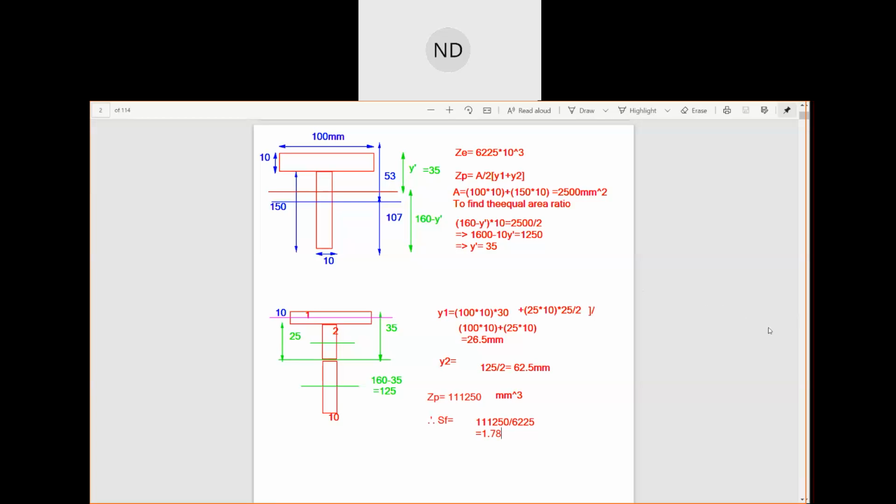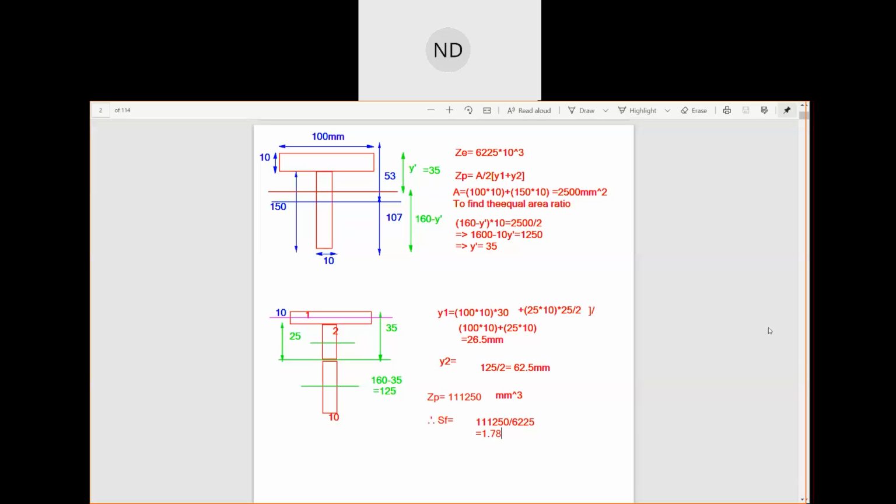Next AOS class, we will do analysis. Next class will be on collapse loads and moments, etc. Here the plastic hinge we can find out.